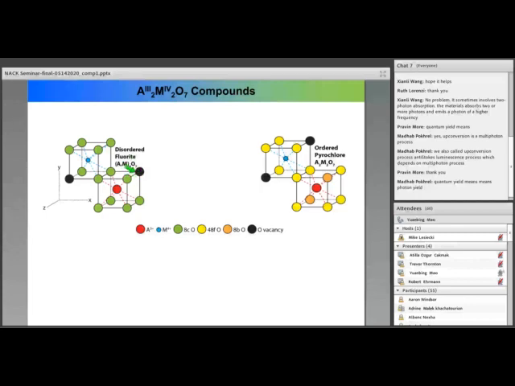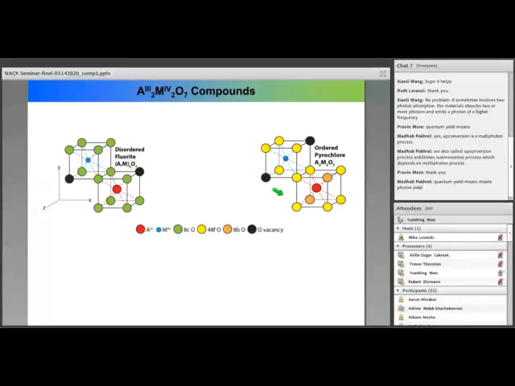For the disordered fluorite structure, the oxygen vacancy can be in any position of these cubes shown here. But for the ordered pyrochlore structure, the oxygen vacancy is located in one of these cubes, while the A metal is coordinated with 8 oxygen ions.